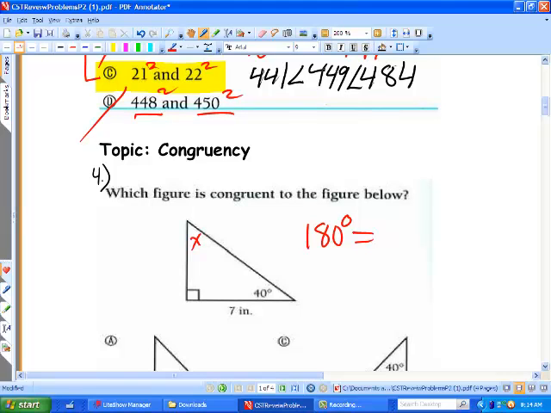So we're going to add up. We've got a right angle, which is 90 degrees, and then we have 40 degrees for our inside angle there. And we're trying to find our x angle that we don't know. If we add up 90 plus 40, we get 130.